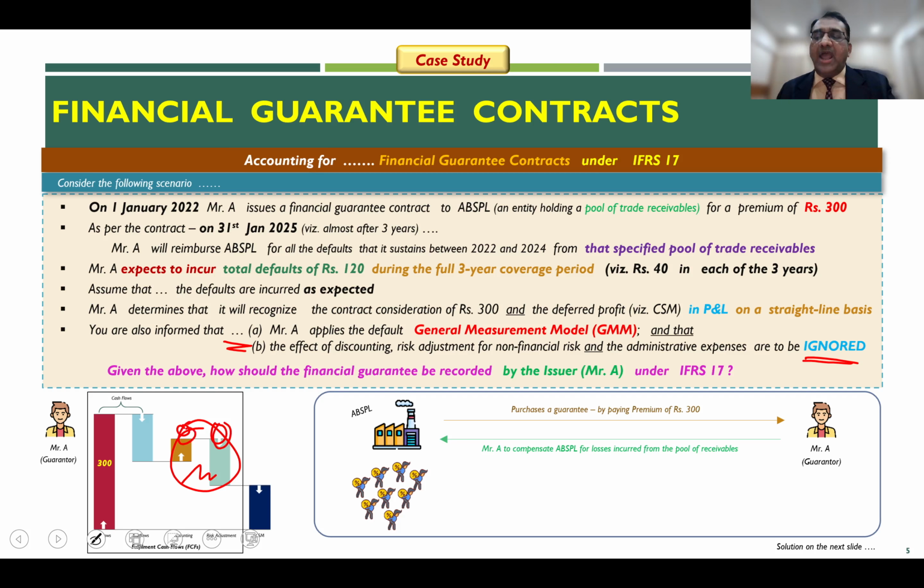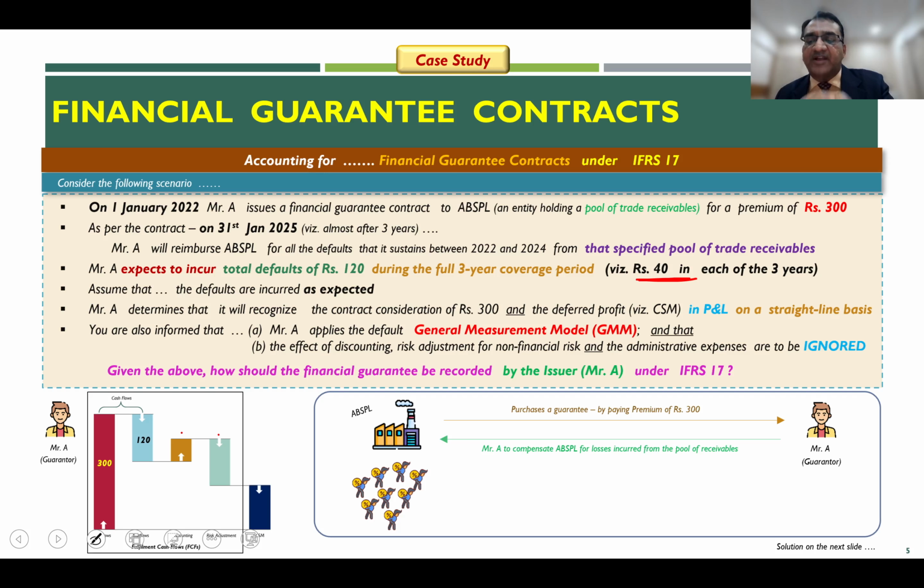Right? So if you are expecting that 40 into 3, 120 rupees is your expected cash outflow and 300 rupees is your fee income, what is the expected profit? 300 minus 120. This is exactly what you will see here. I have plotted it in the graph. 300 rupees is your inflows. 120 rupees is your expected outflow, 40 into 3.